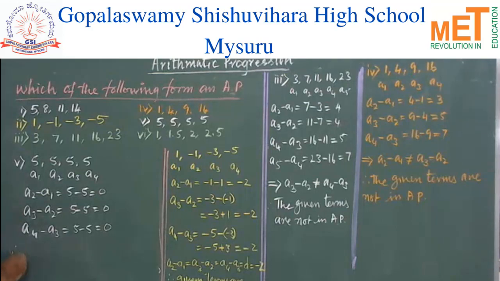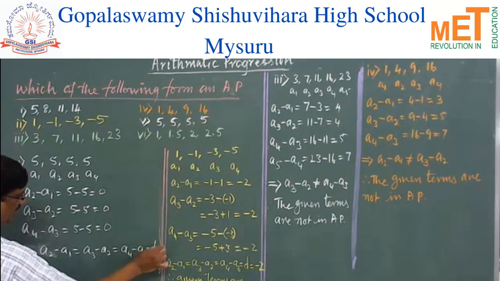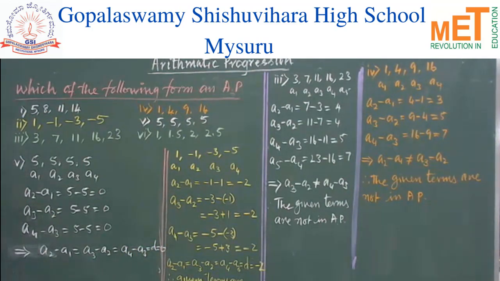Therefore, the given terms, that implies that A2 minus A1 is equal to A3 minus A2 is equal to A4 minus A3 is equal to D is equal to 0. Therefore, the given terms are in AP.